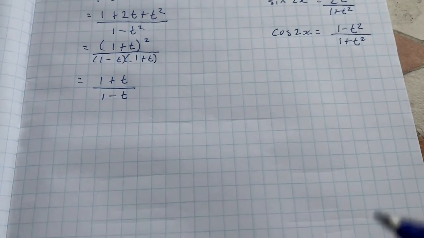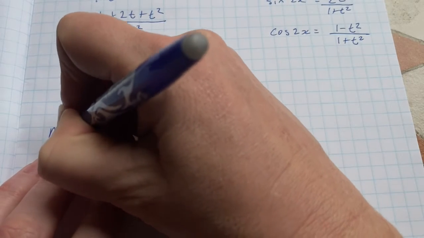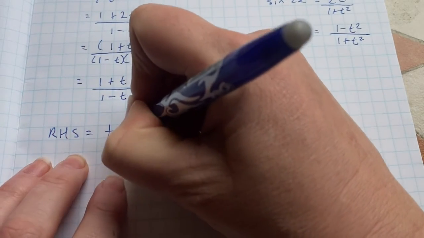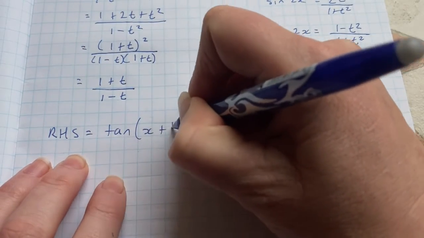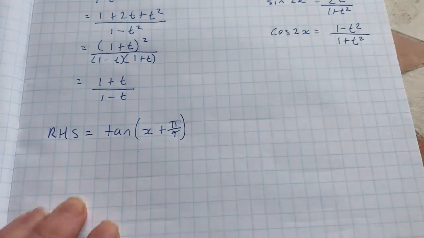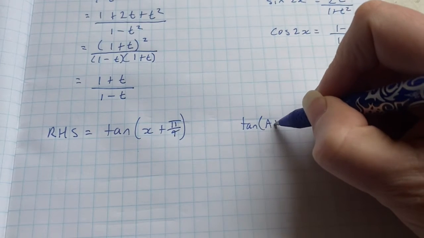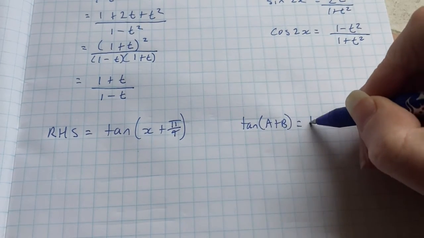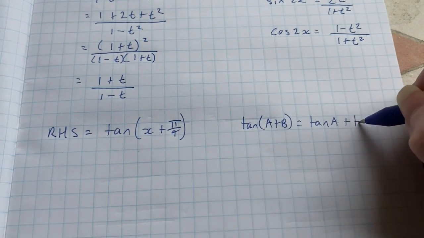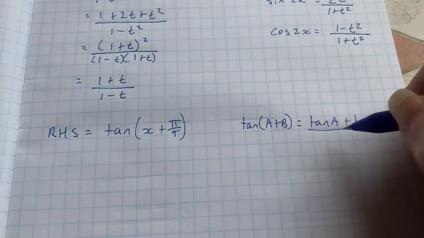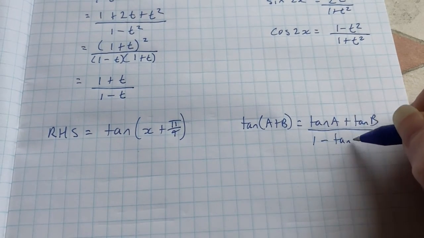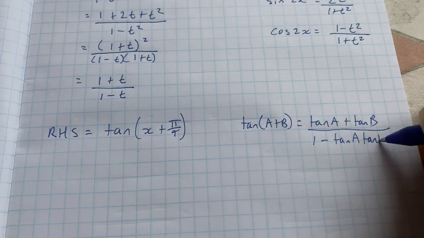Now let's consider the right-hand side. So the right-hand side is equal to tan of x plus pi on 4. So I'm going to use my angle sum formula for that. So remember, tan of a plus b is equal to tan a plus tan b over 1 minus tan a tan b.